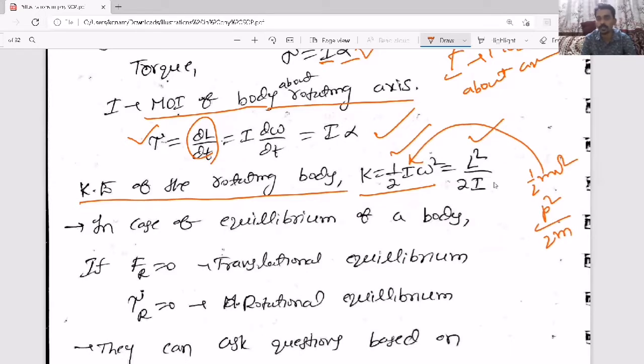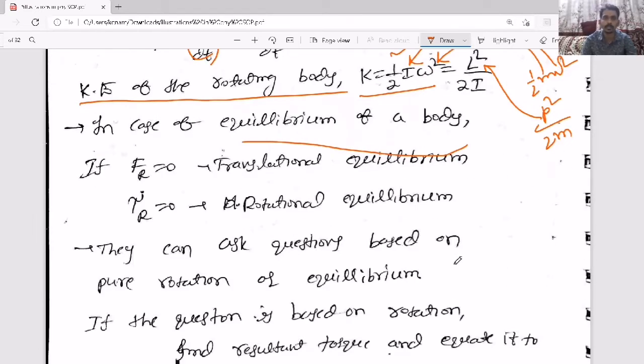Here, mass becomes moment of inertia, v becomes omega, and linear momentum becomes angular momentum. So that is the difference. This is the kinetic energy of a body rotating about a fixed axis. And in a similar way, sometimes questions can be asked based on the equilibrium of a body.